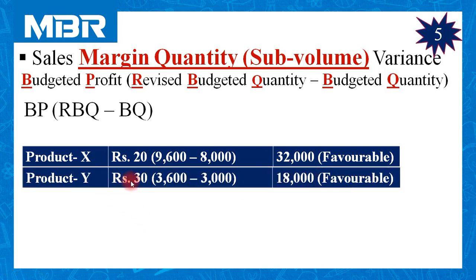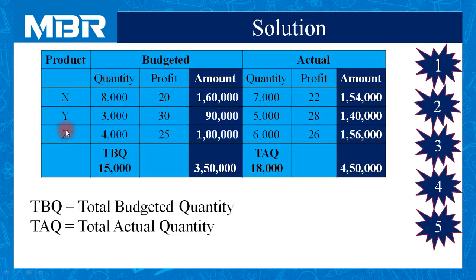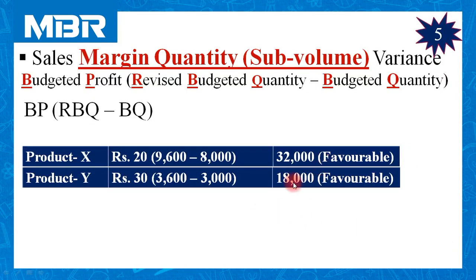Product Y, 30 rupees per unit, revised budgeted quantity 3,600, and budgeted quantity is 3,000 units given to us in our question. So the difference is 18,000, and it is favorable because as compared to budgeted quantity, revised budgeted quantity is more.